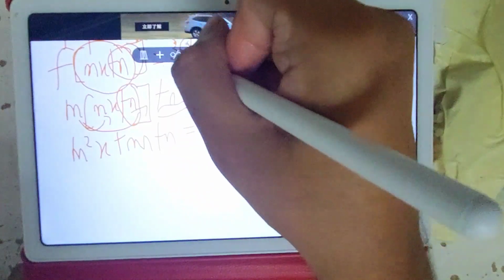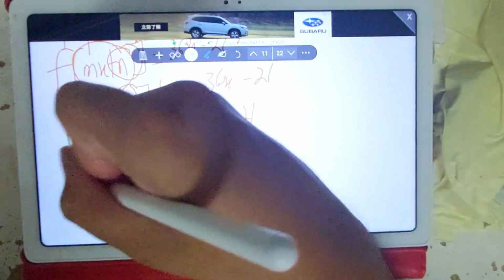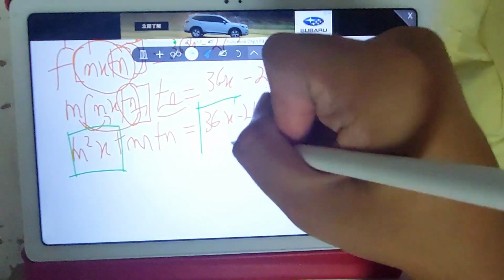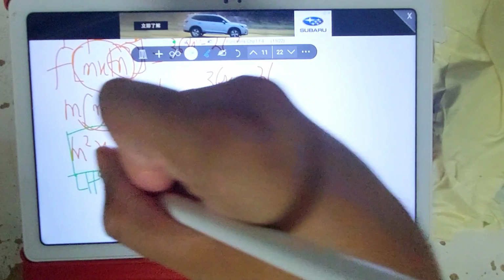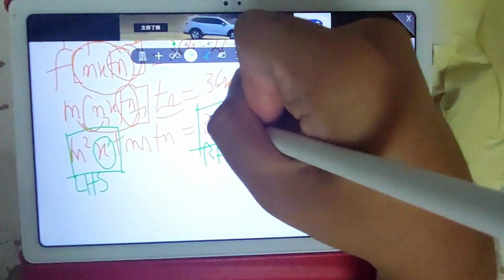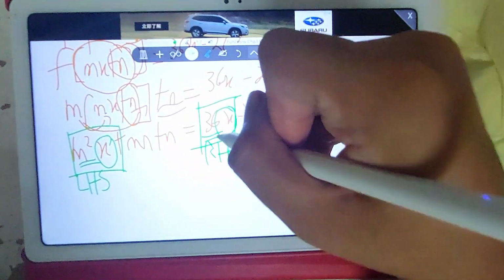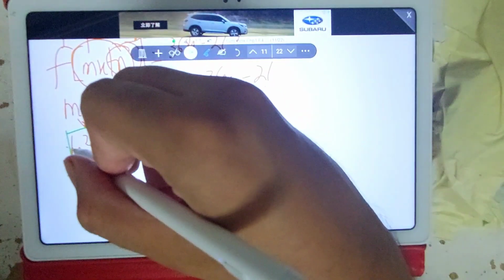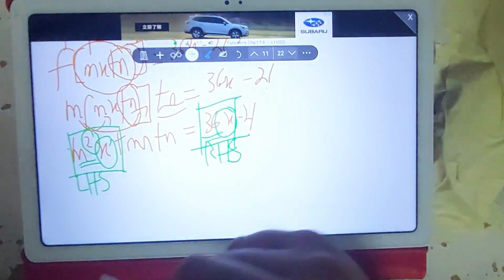So from here I can notice, can you see this part and this part? Whatever part on the left hand side and the right hand side that has a variable x at the back can be compared, because the coefficient has the same values, it's just that they put a variable here to find back the value under the squared function.